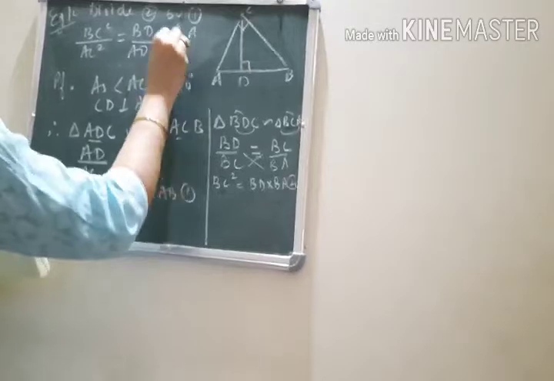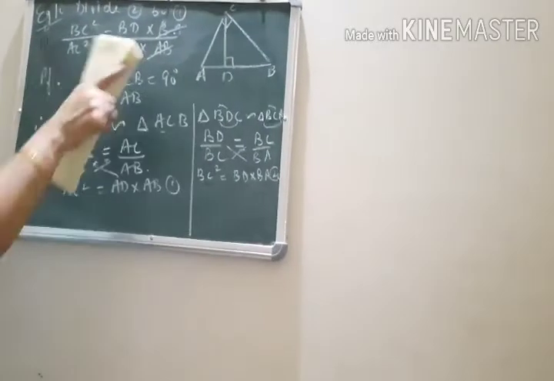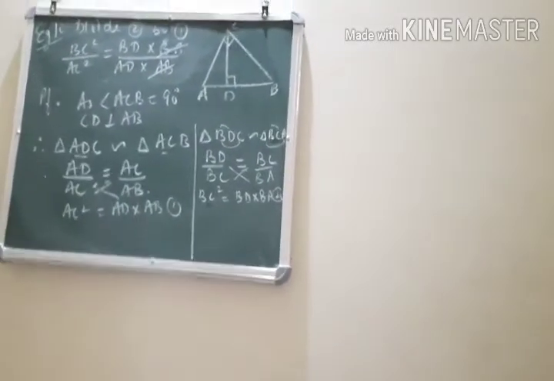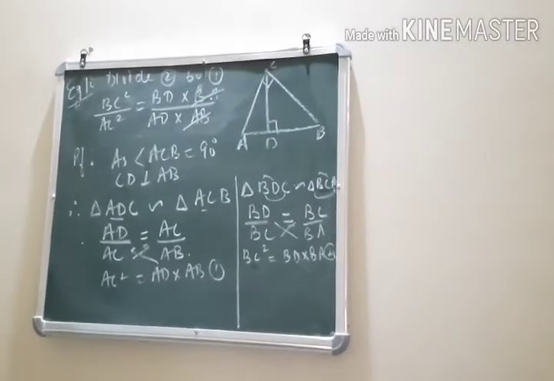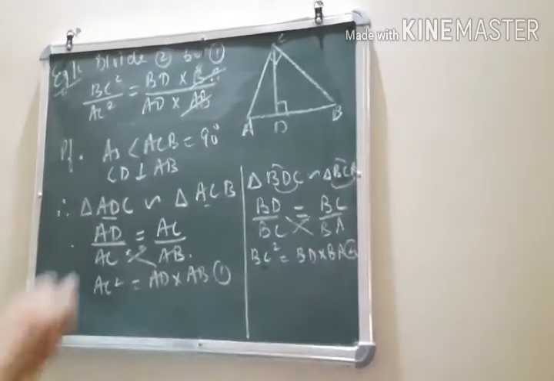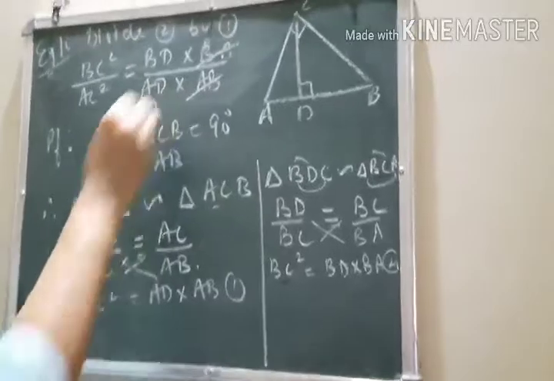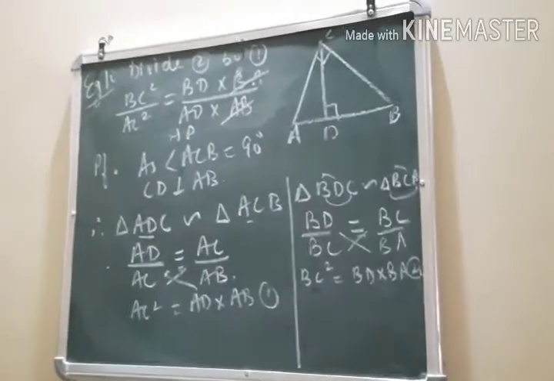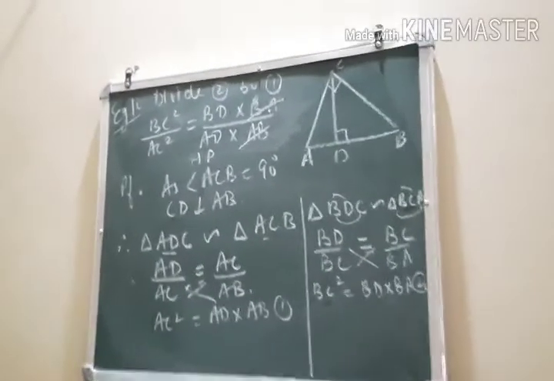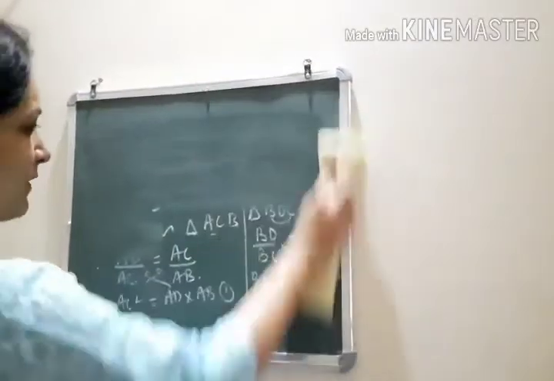So BA and AB are the same, so they will be cancelled, and you have got the answer. BC square upon AC square is equal to BD upon AD. Hence proved. So this is how we have proved example number 10. Let's move to the next example.